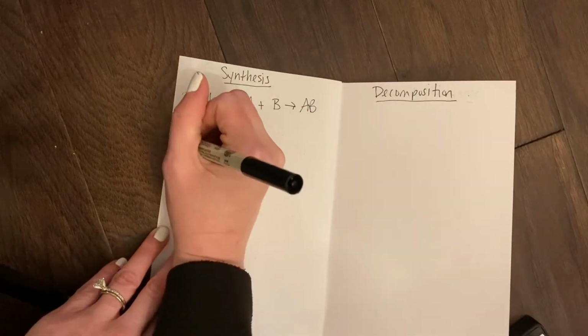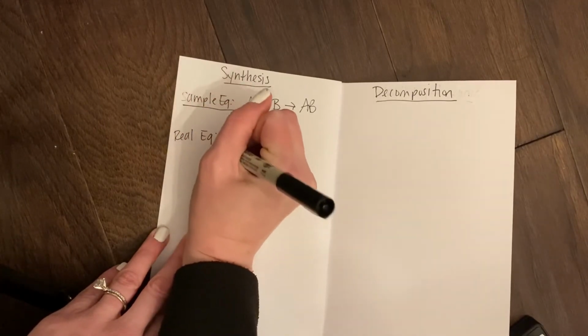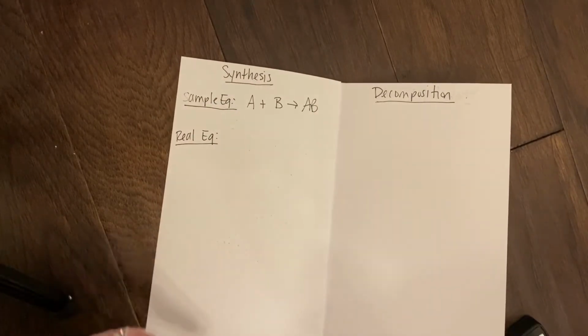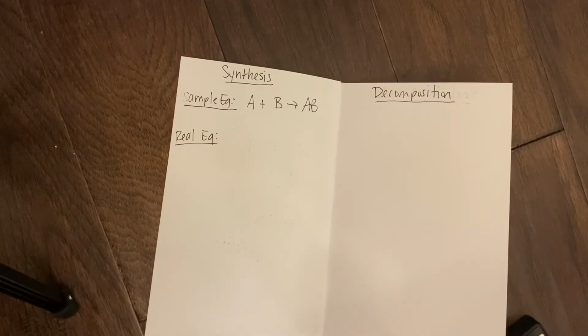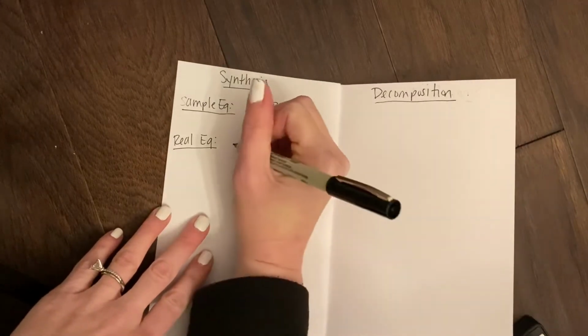Okay, then I'm gonna have my real equation, and I'm just writing EQ for equation. I'm trying to think of one that I could use that I don't want you to use.